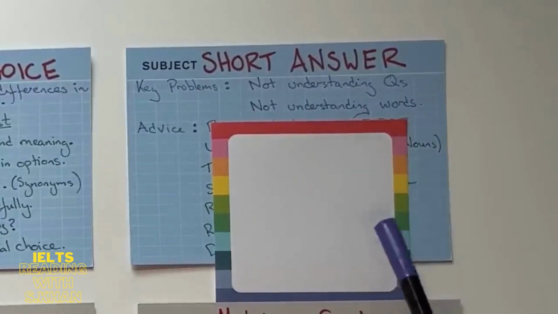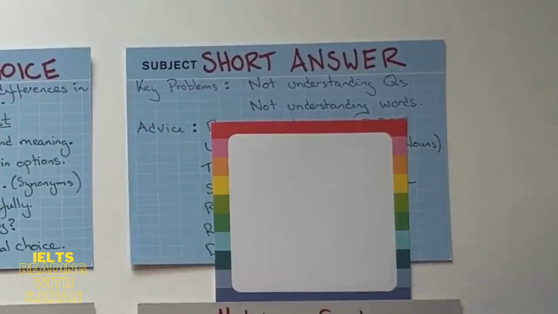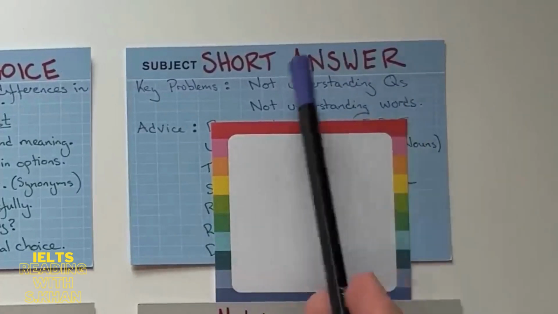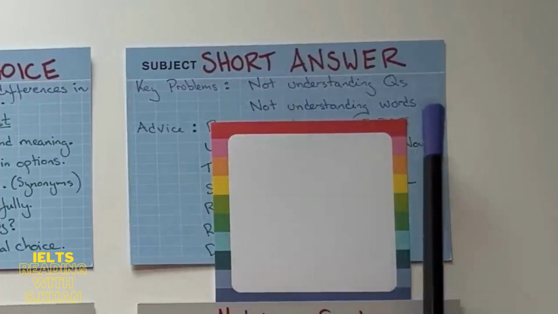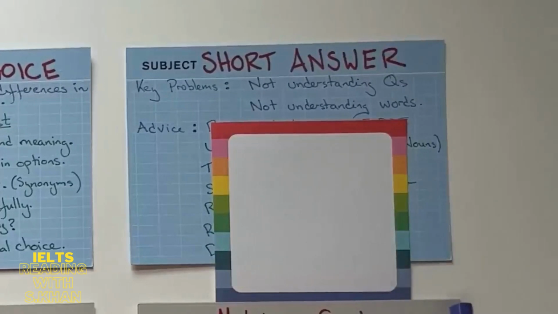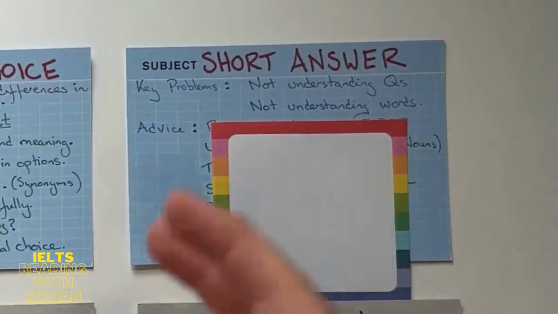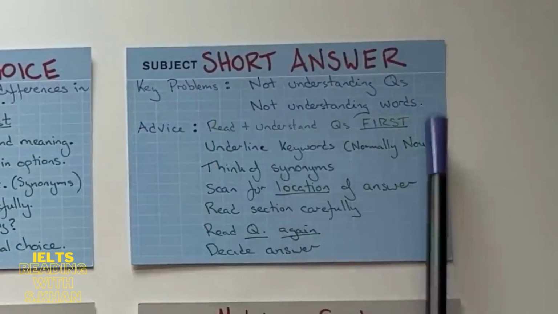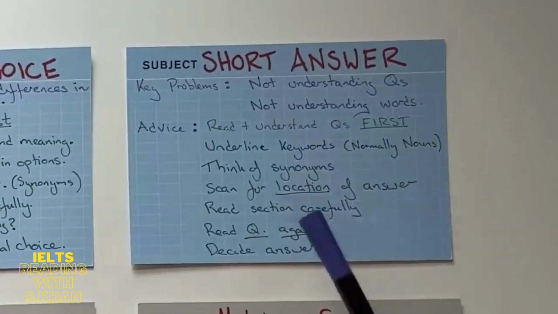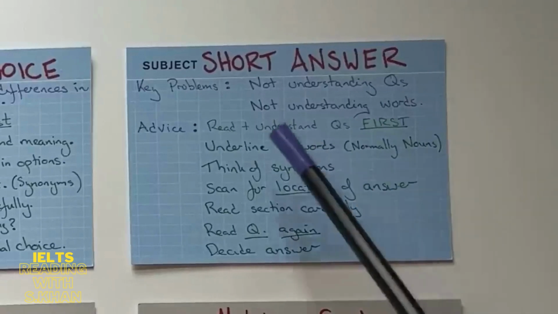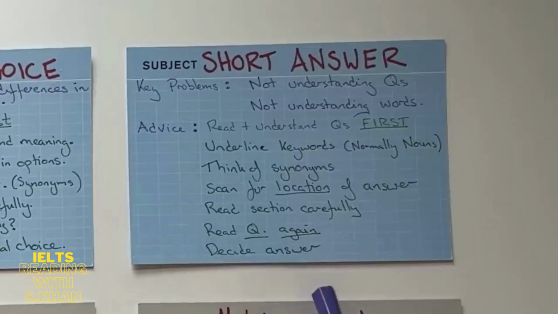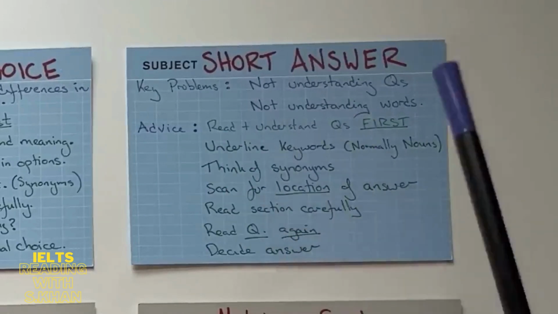And then not understanding a lot of words and phrases within the text. So if you don't understand the question and then you don't understand a lot of the words within the text, it's pretty much impossible for you to answer the questions. So how can we solve that? Read and understand the questions first. Don't get lost in the reading text. Just focus in on the questions, understand what they are asking you. Within the questions, underline any keywords.